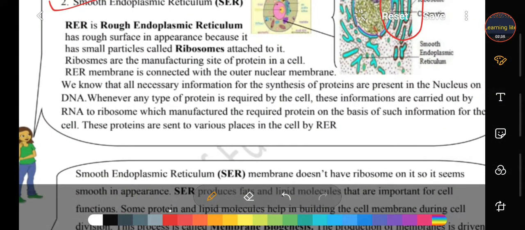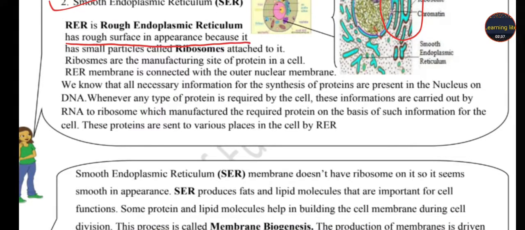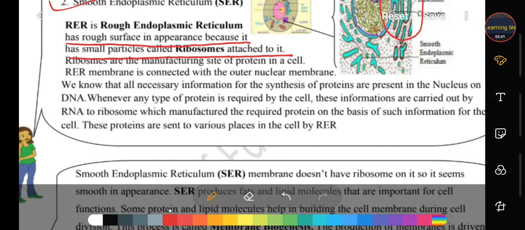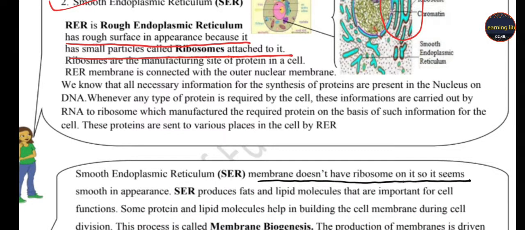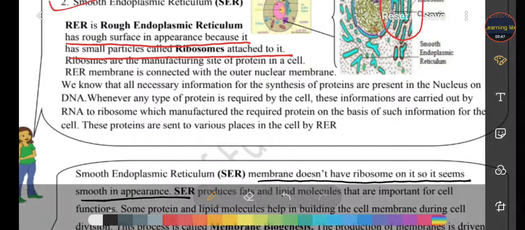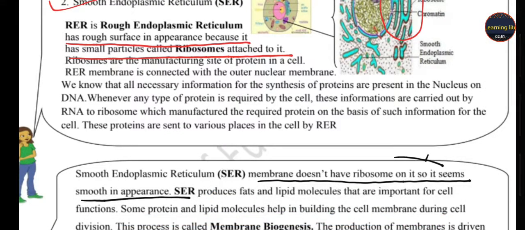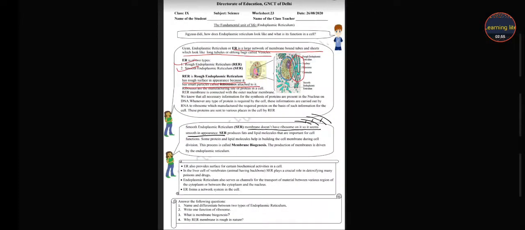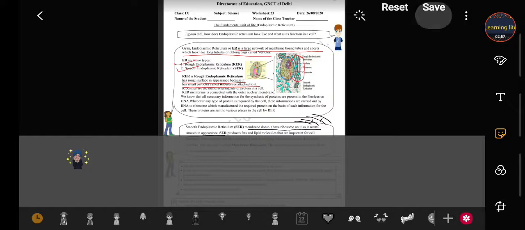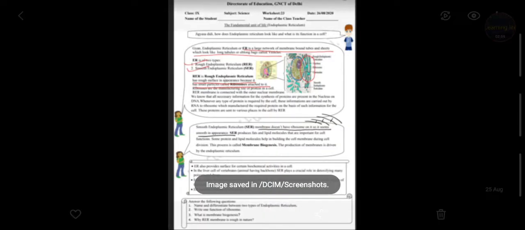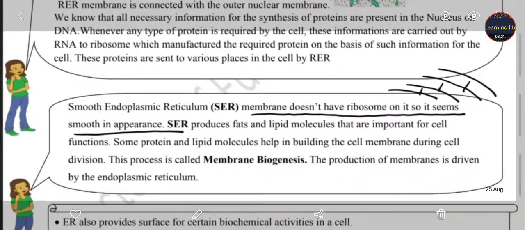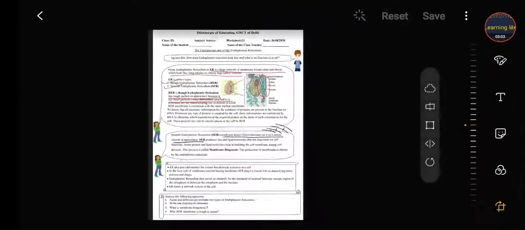Rough endoplasmic reticulum has a rough surface because it has small particles called ribosomes attached to it, and the smooth endoplasmic reticulum does not have ribosomes, so it is very smooth in appearance. How can we differentiate, students? This is our smooth endoplasmic reticulum, as there are no ribosomes attached on it.